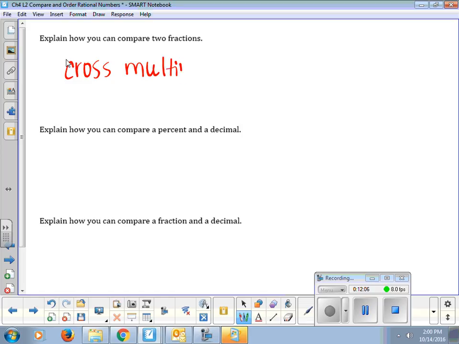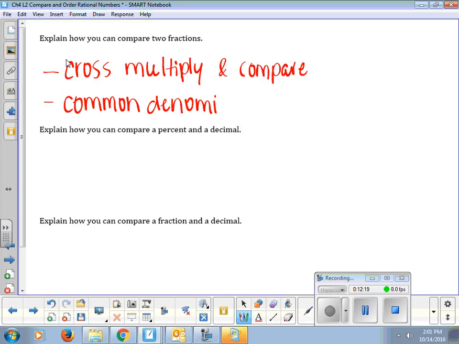Cross multiply and compare. Or we said common denominators. Or you could change both to decimals.